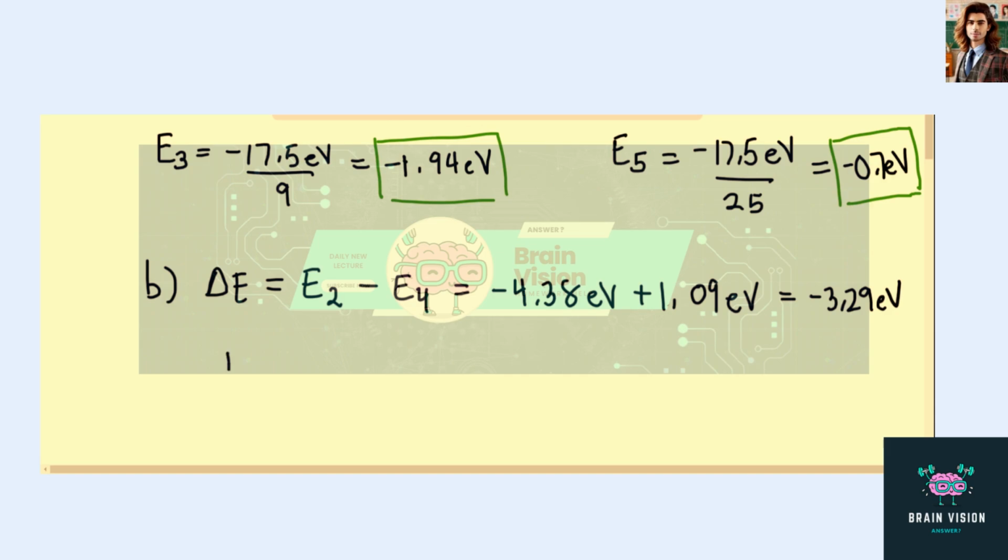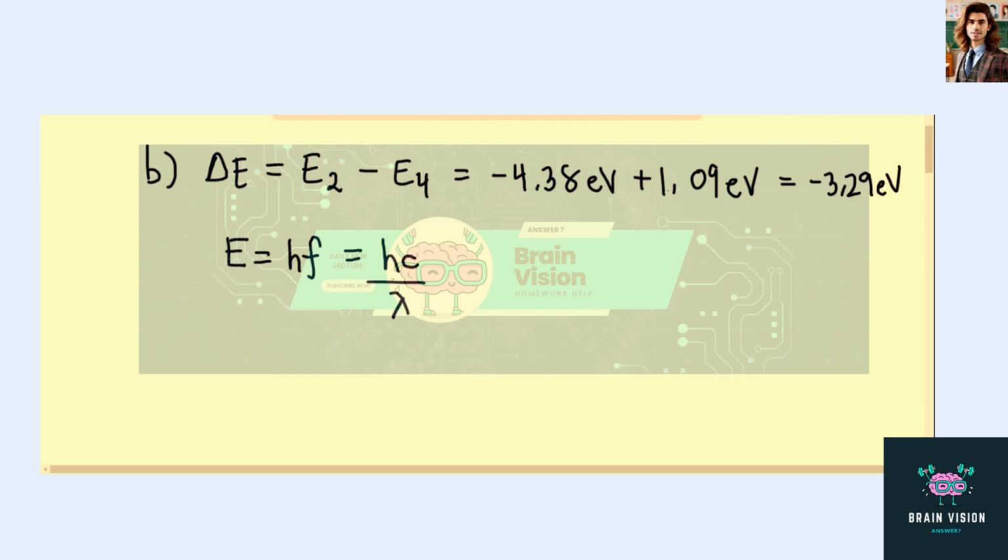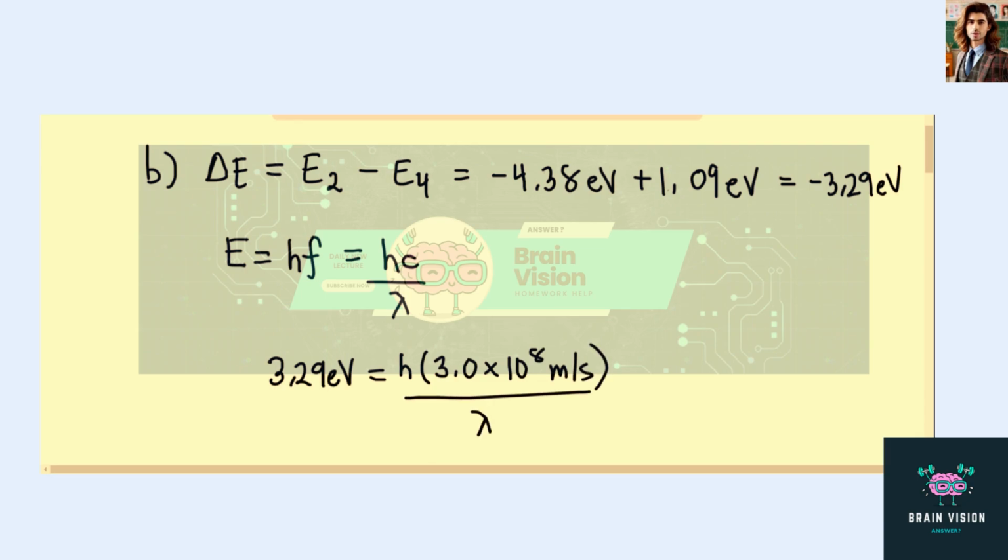We know that the photon's energy is related to its frequency by this formula, as well as its wavelength. So we can go ahead and plug in the 3.29 eV for the energy of the photon, and then we can plug in Planck's constant and the speed of light, and solve for lambda.